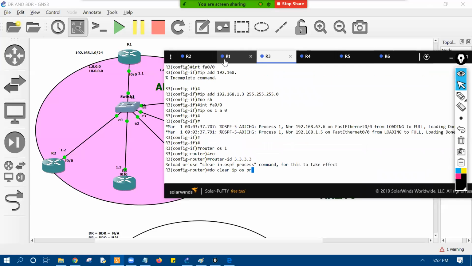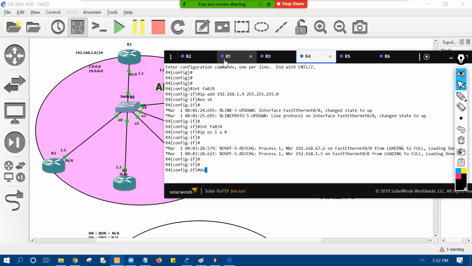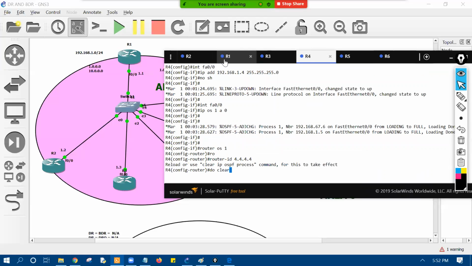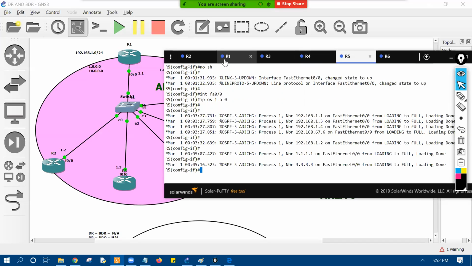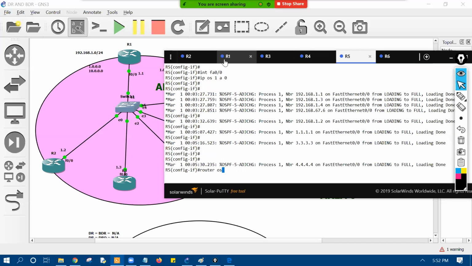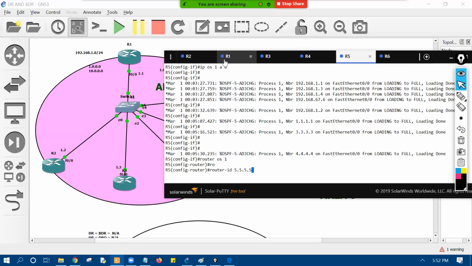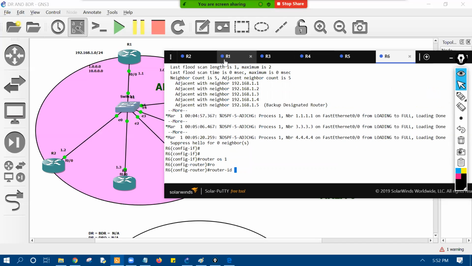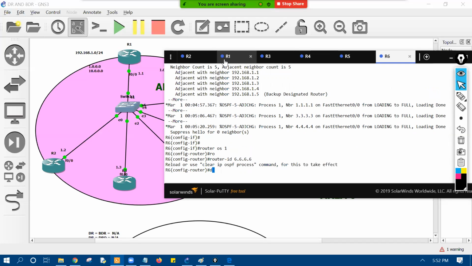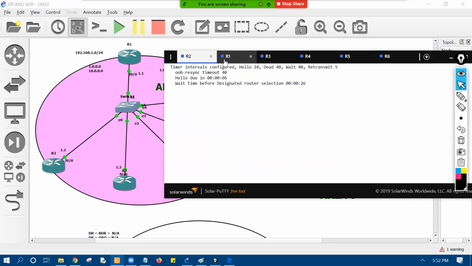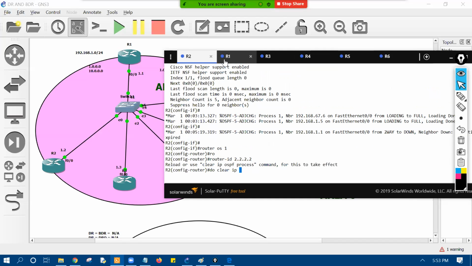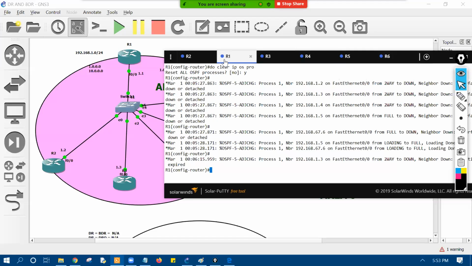Do clear ip ospf process. Now you will understand in a very easy manner.